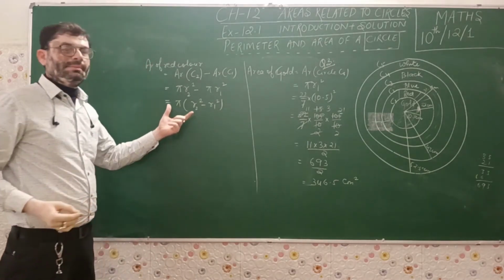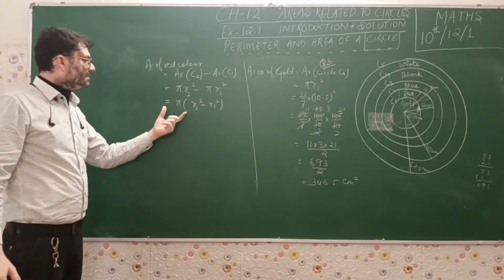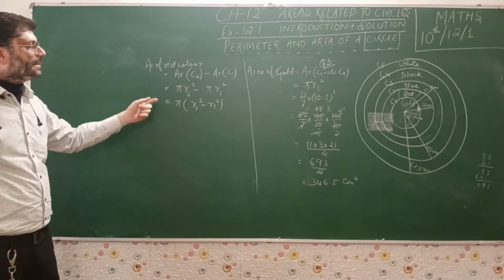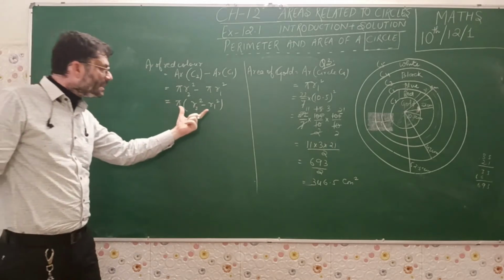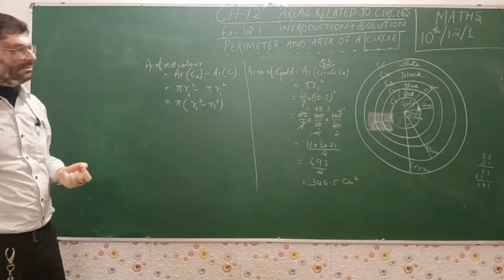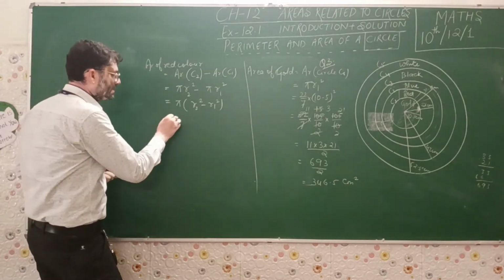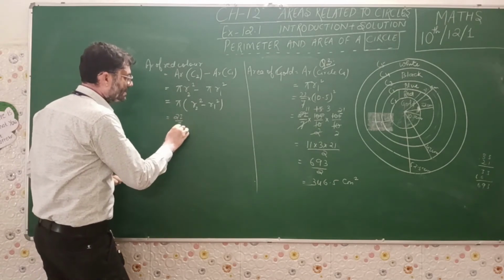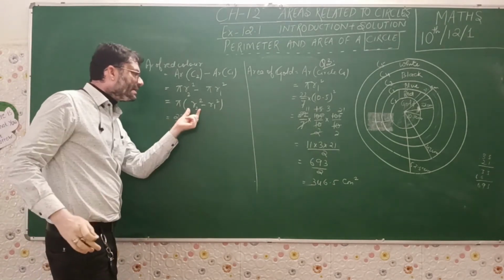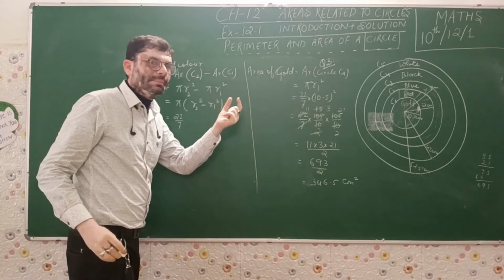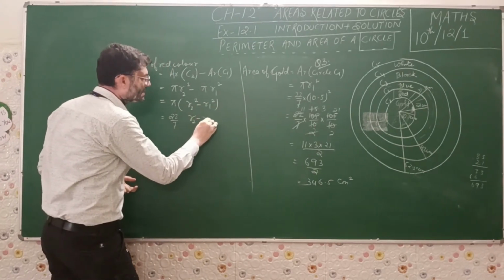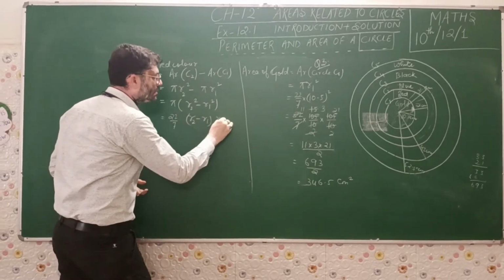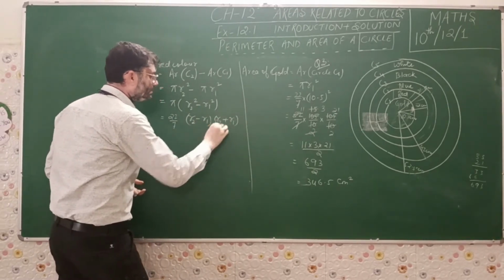This is the method that we will be using to find the area of the red color. We will simplify the formula and then solve. So this is 22 by 7, and using a square minus b square as a plus b and a minus b, we can write this as r2 minus r1 into r2 plus r1.